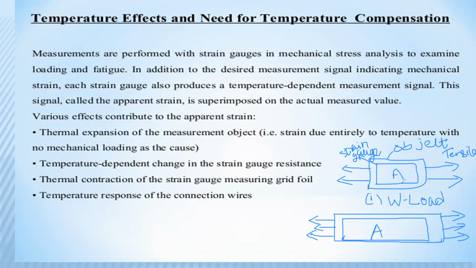The area of the object is changed and the length of the object is changed. If the area and the length of the object change, then automatically the resistance also changes in the strain gauge. So that is the basic working procedure of this strain gauge.